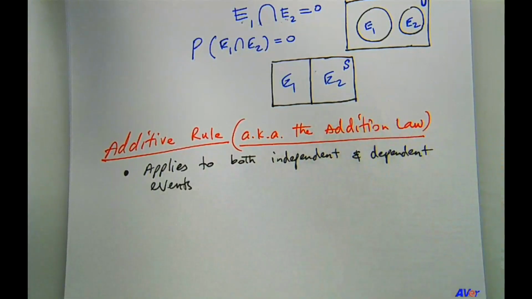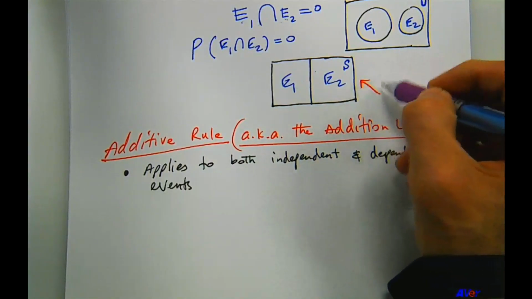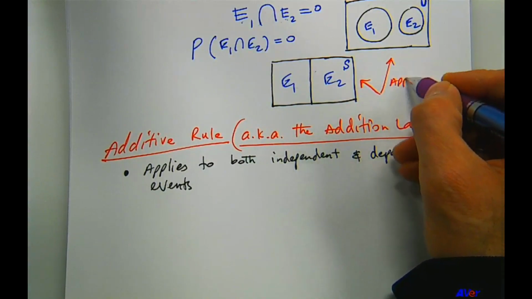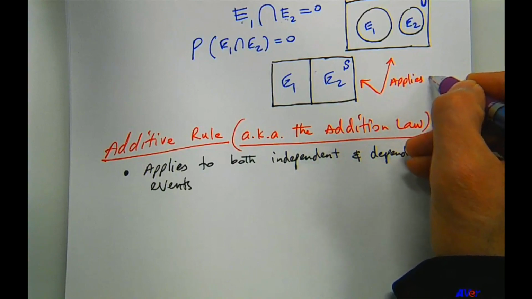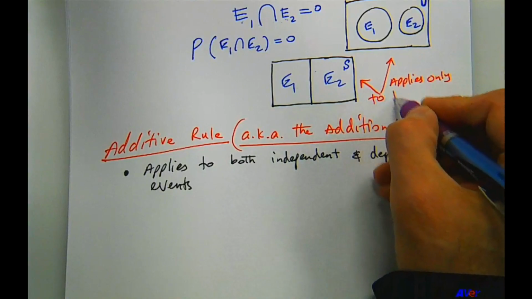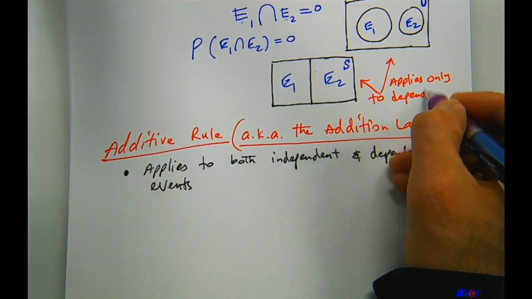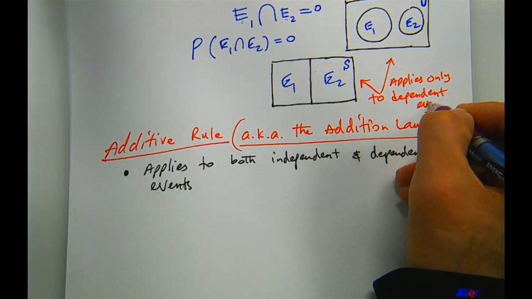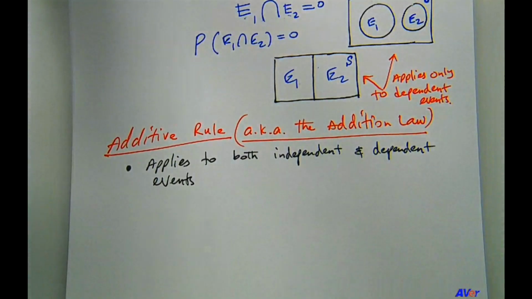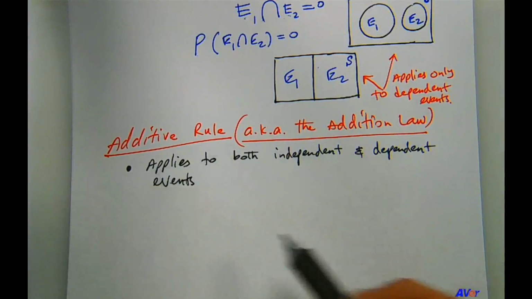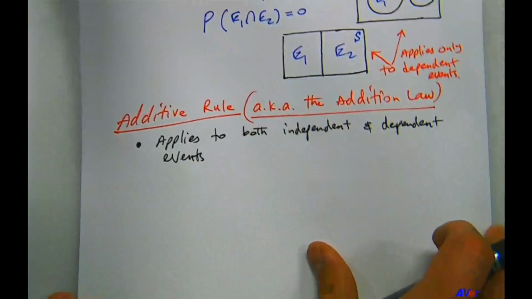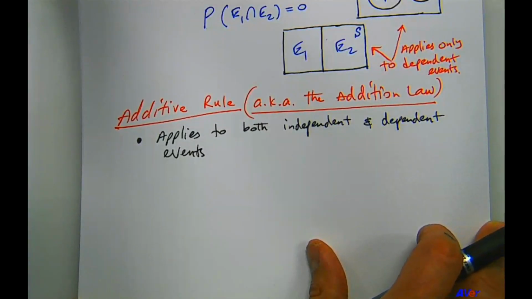But the Venn diagram applies only to dependent events. Remember that? Okay, so then what does the additive rule say when we have two events E and F?